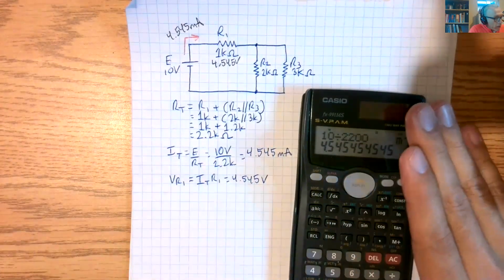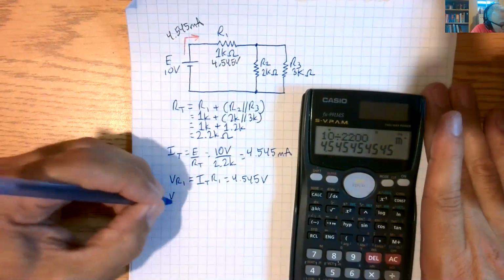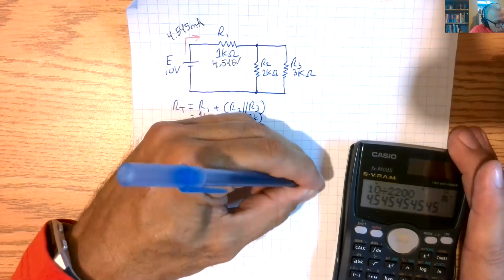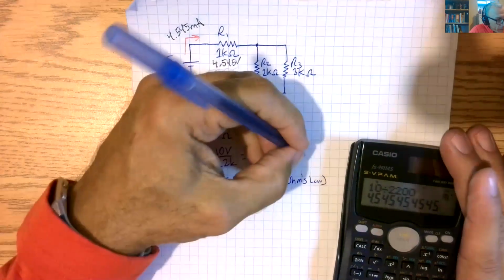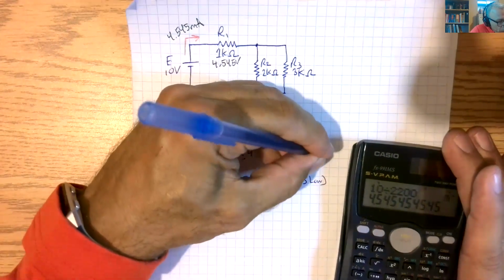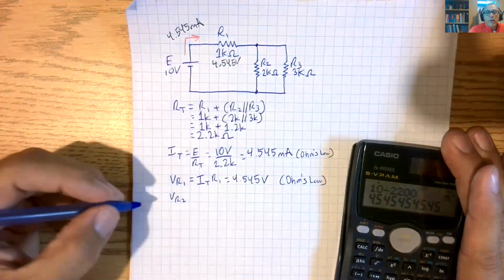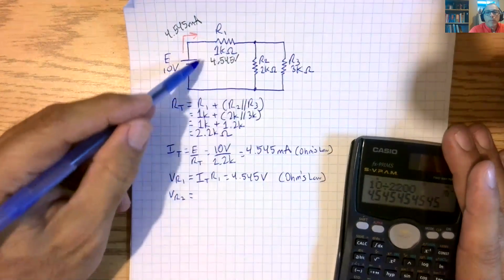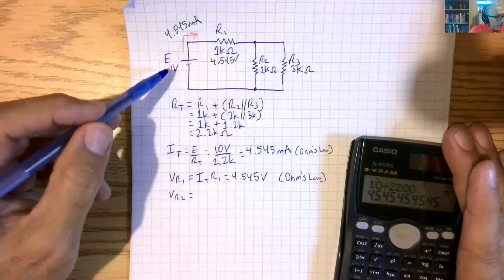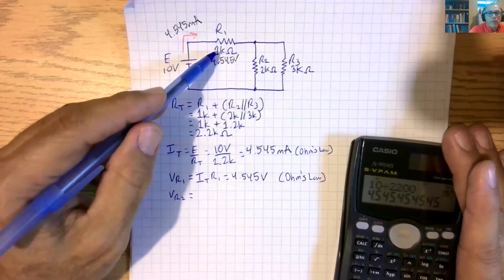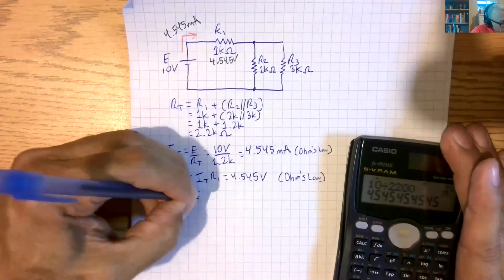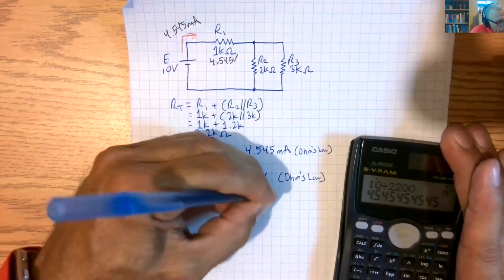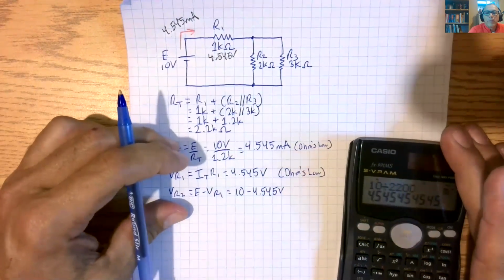Now, VR2, so here I'm going to say Ohm's law. All right, that's what I use there. Here too, Ohm's law. Now, VR2, let's use Kirchhoff's voltage law. We have a loop here. So we could say that VR2 is equal to E minus VR1. So VR2 is equal to E minus VR1 equal to 10 minus 4.545 volts. Okay?